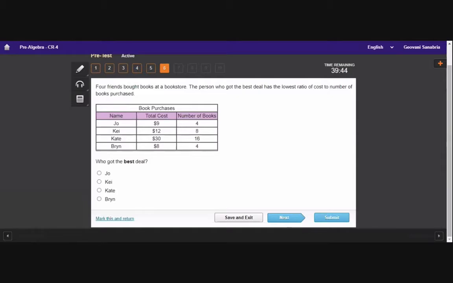Like 2.30, but let me double check. Yeah, do that again. 1.875. That's the one, the first time. I think I didn't hit the 5 here. 1.875. And what about Kai? Kai, 2.25. Kate had 30 divided by 16.